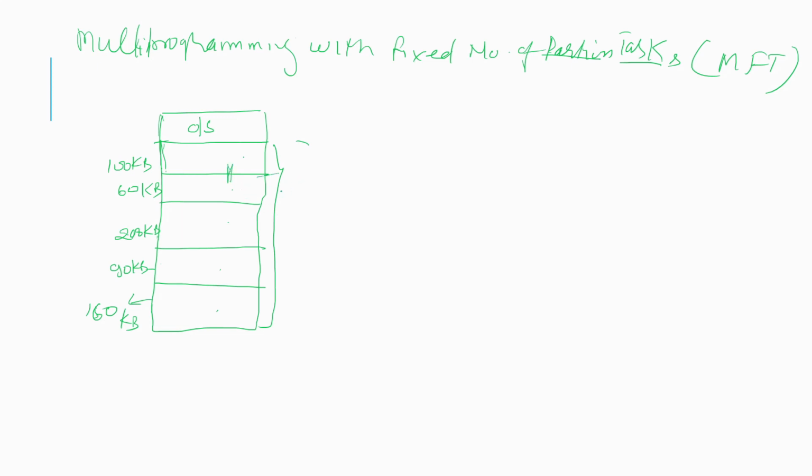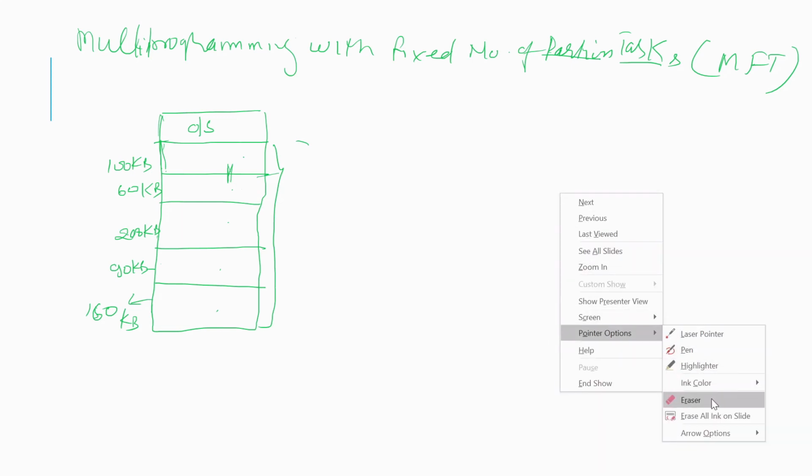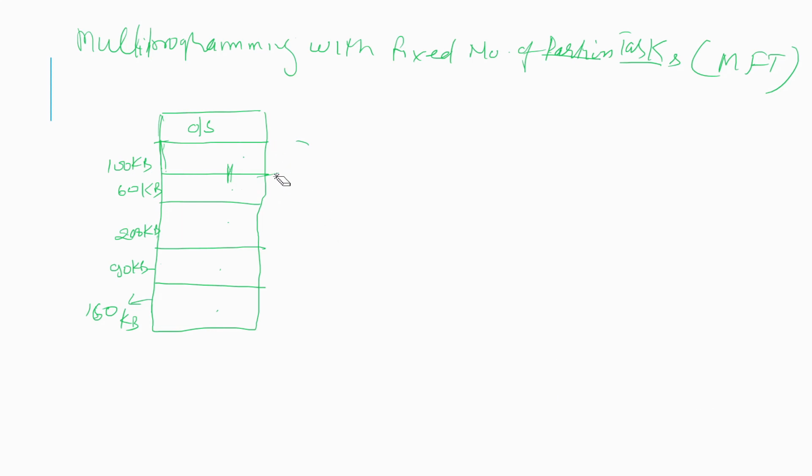For that purpose another approach is used, like the fence register concept we saw in the previous example. The same concept we use again here, but in place of one fence register we will use two fence registers.